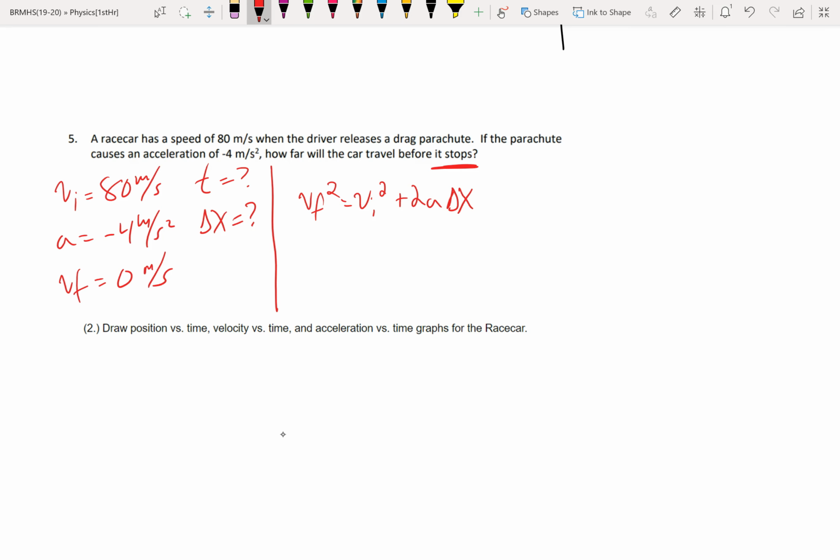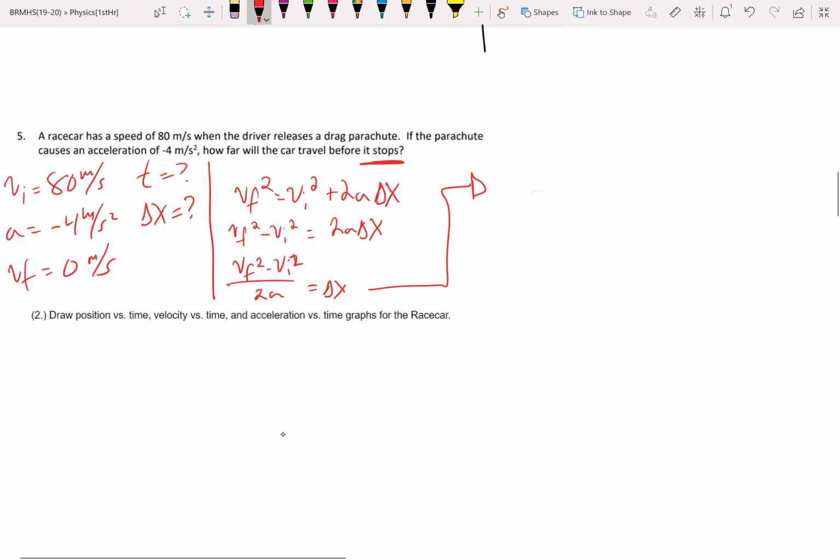We're looking for delta x, so let's rearrange this equation step by step. Subtract Vi squared from both sides, then divide by twice a, because we're looking for delta x. So there's Vf squared minus Vi squared over twice a equals delta x. And now we can substitute.